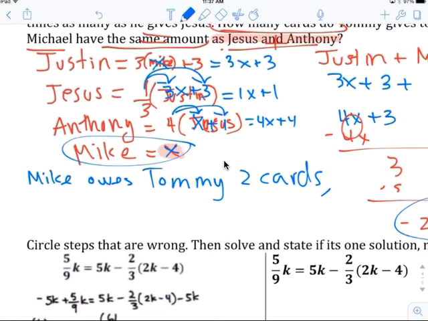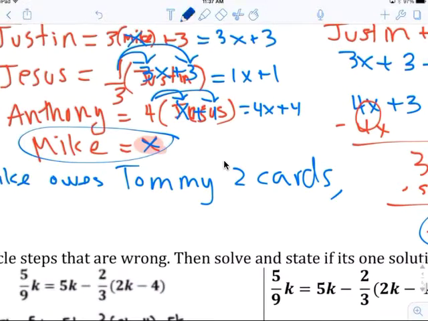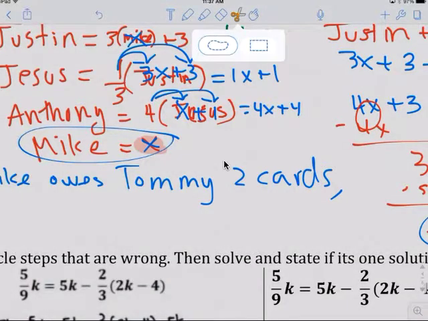While Justin owes, it's a negative number, so they're owing. He didn't give his friend any cards. That was a lie. -2 goes here. Oops.